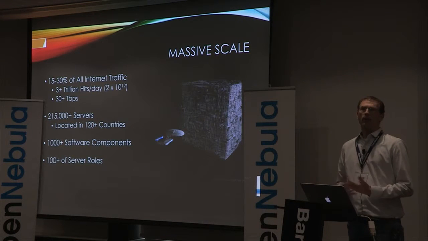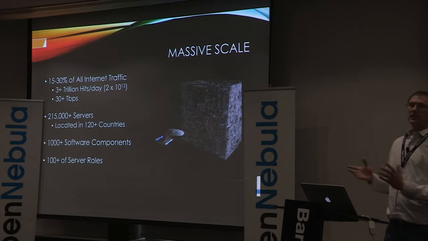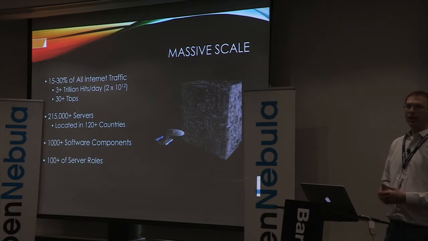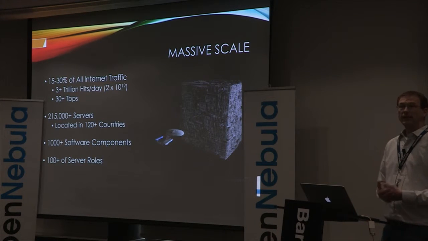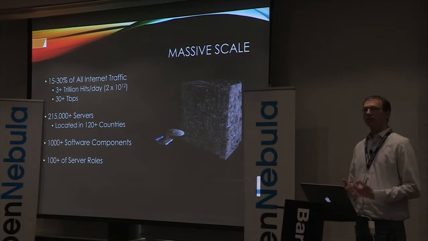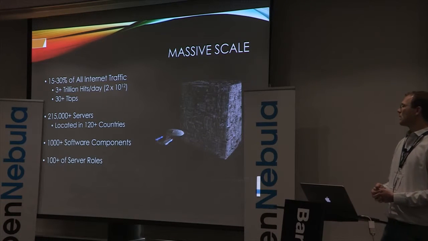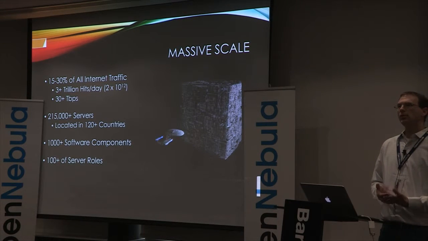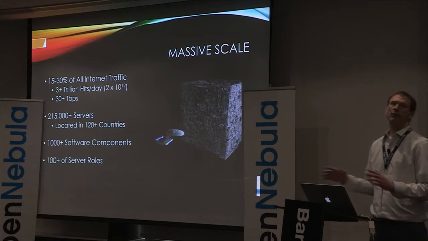So Akamai operates at massive scale. We serve 15 to 30% of all internet traffic, which equates to over 3 trillion hits per day, regularly serving over 30 terabits per second of traffic. Our platform consists of over 215,000 web servers that are deployed in data centers around the world.